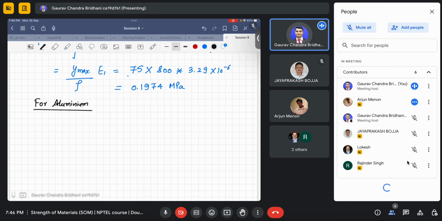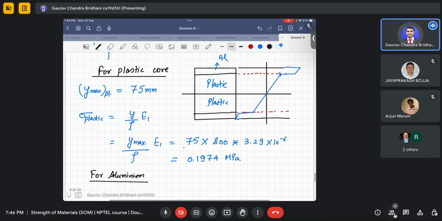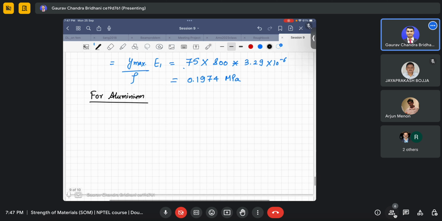So for aluminum, look at the diagram again. At this level we have a value of aluminum, and at this level we see it has increased like this. That means we need to find for aluminum at this level. What will be that y max? Yeah, 80. Good.